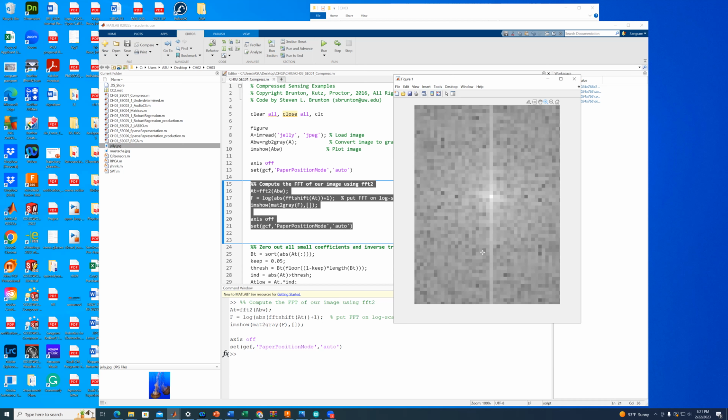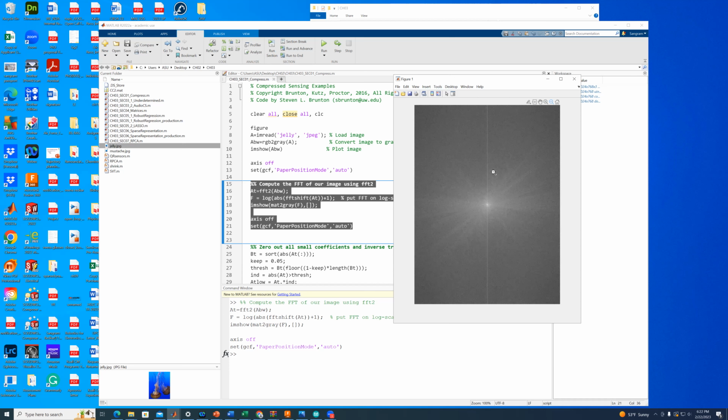I'm going to truncate 95% of this image data set. I'm going to truncate this Fourier coefficient data just to retain these significant modes or significant numbers.